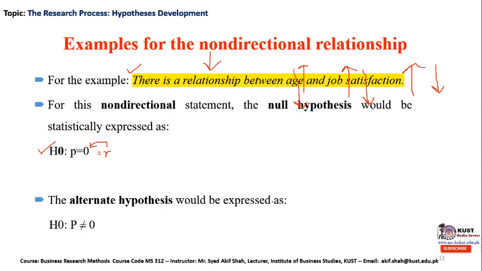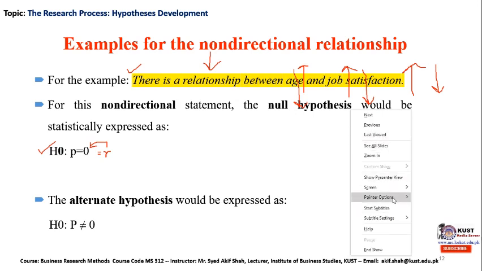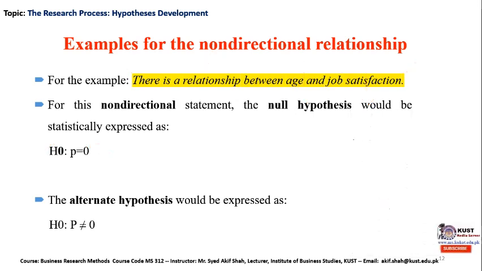which the researcher would like to prove, that there is a relationship between age and job satisfaction. So the alternative hypothesis says that the correlation coefficient between the age and the job satisfaction of the employee is not 0. When it is not 0, ultimately it will be somewhere around -1 to +1.